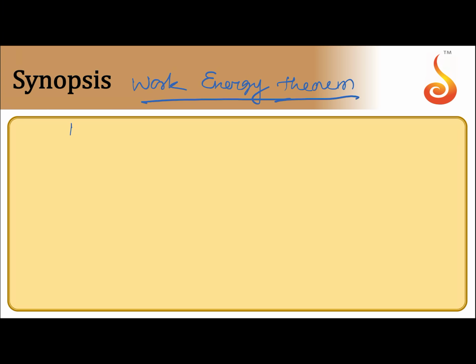Very simple. So we can write it like this: work done is equal to change in the kinetic energy, which is final kinetic energy minus initial kinetic energy, which is half m v_f square minus half m v_i square. So net work done is given by this one.